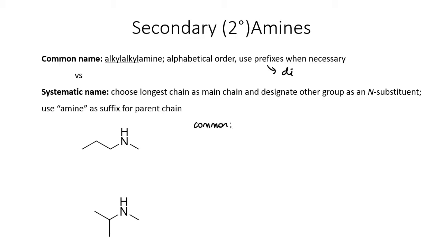Let's start with the common name for our first example. In this secondary amine, we have a 3-carbon group, which is a propyl group. We also have a 1-carbon group, which is a methyl group. So we'll put these 2 substituents in alphabetical order. So we get methylpropylamine, and this is all one word. Now for our systematic naming, we are going to have our longest chain as the 3-carbon chain.